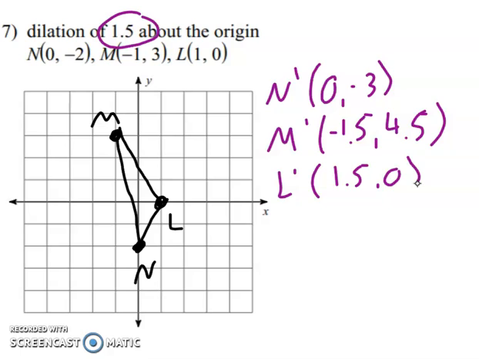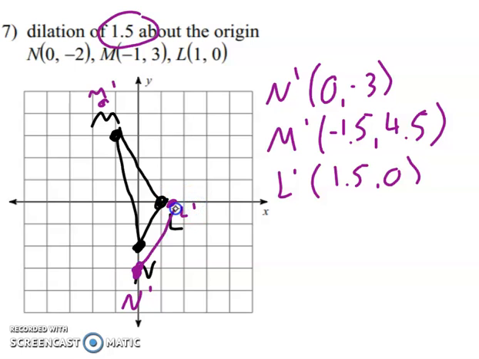All right, so let's graph it. N prime 0, negative 3. M prime negative 1.5, 4.5. And now we have L prime.